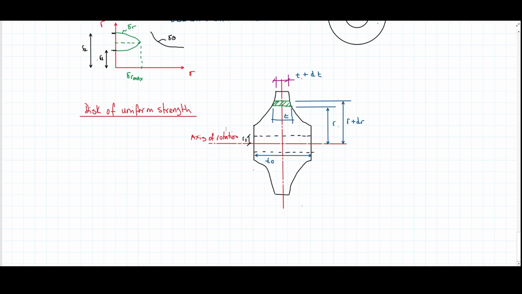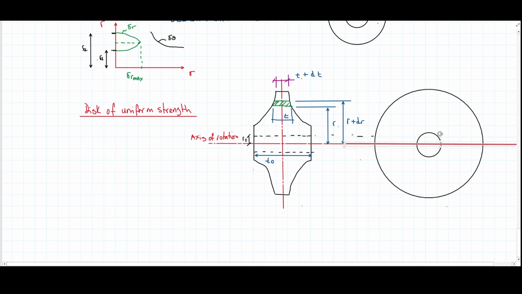Now, again, if I'm talking about that part, this is looking at the disk from the side, because this would be something like looking at it from the side. So this would be a disk of something like this, where I would have the center, something like this. And I could keep moving this symmetry line.